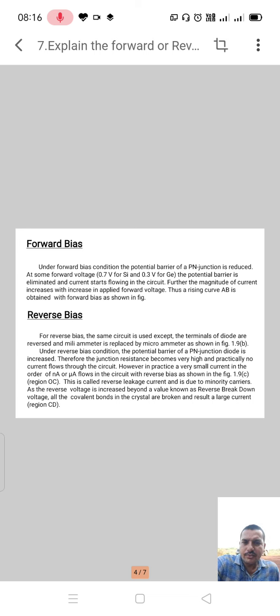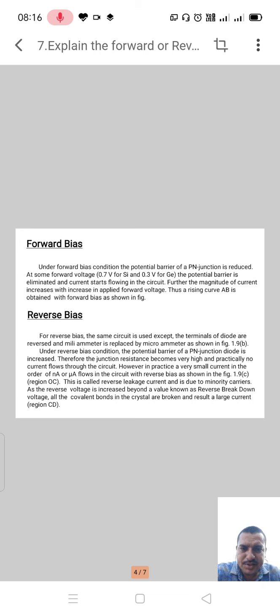Next one, reverse bias. For reverse bias, the same circuit is used except the terminals of the diode are reversed and the milliammeter is replaced by a microammeter as shown in the figure on the last slide. That is the reverse bias connection.